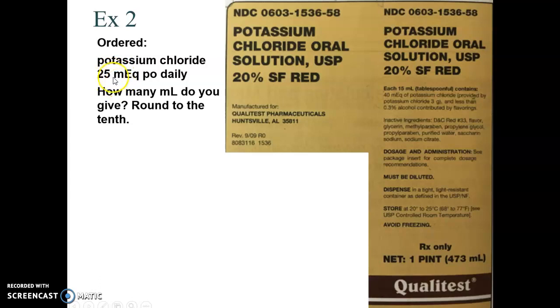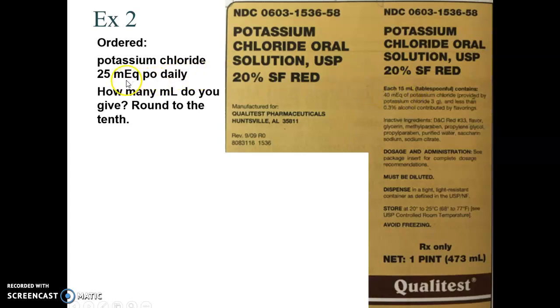Now I need 25, so 20 is a little bit too small, but again, it's an estimation here. Remember, if you divide that 40 MEQ by 2, you also have to divide the 15 milliliters by 2. So 15 divided by 2 is going to give you 7.5 milliliters. So 7.5 milliliters is going to contain 20 MEQs.